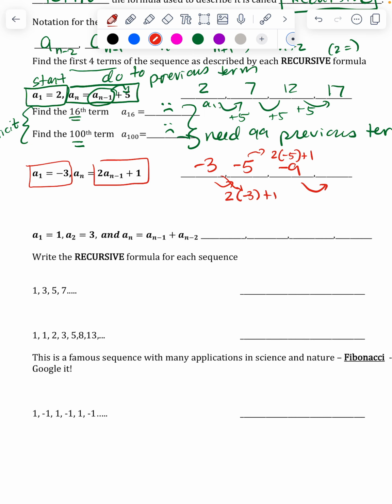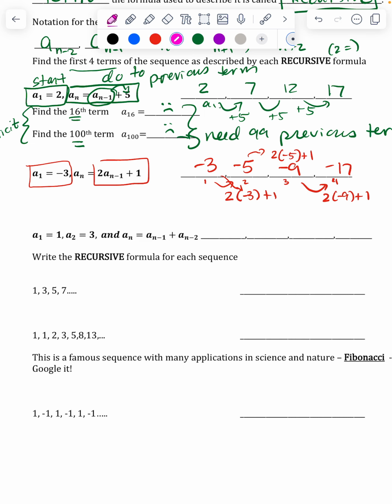To get to the next space, I take 2 times the previous term and add 1. So I'm at -17. So you're just moving more in a chain, one step to the next. You are not thinking back to the term number. This would be term number 1, 2, 3, 4. I'm not trying to turn those numbers into the numbers I see in the list. I'm just going from one term to the next.